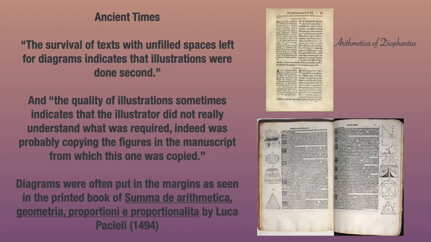A lot of the diagrams came later, and in texts that did survive, we see that the diagrams were put in second to the wording. The quality of the illustrations a lot of times didn't match the writing because you oftentimes had people drawing the pictures who didn't really understand what the writing meant.